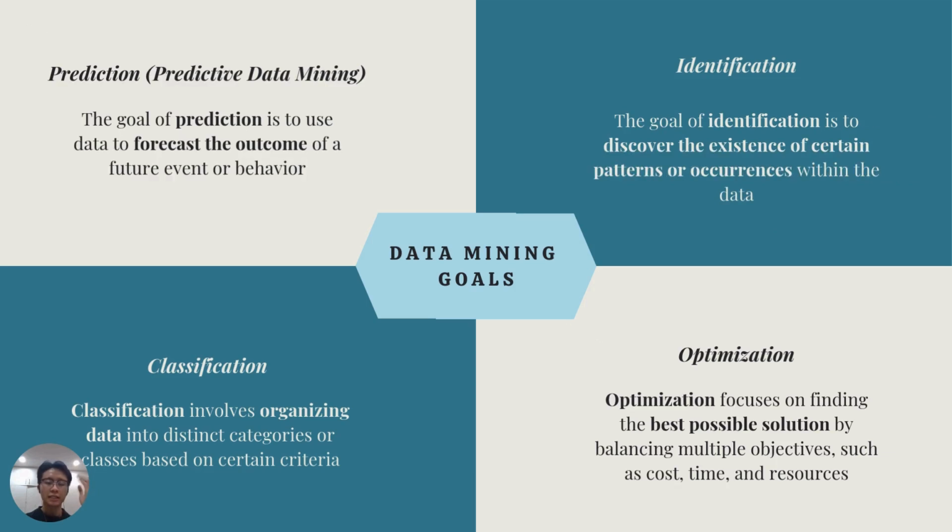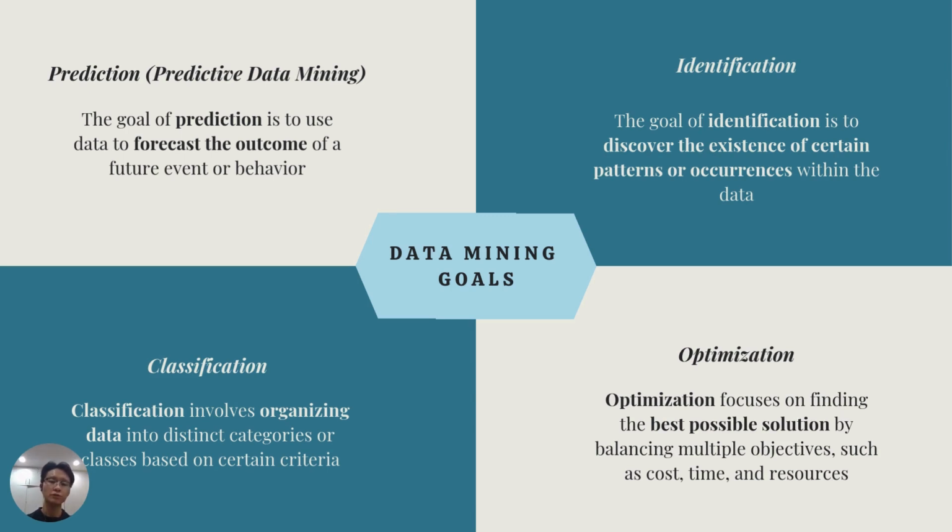And then we talk about the goals of data mining. There are four goals. First is prediction, or predictive data mining, which is to forecast the outcome of a future event or behavior. Then we have identification, which is to discover the existence of certain patterns or occurrences within the data.